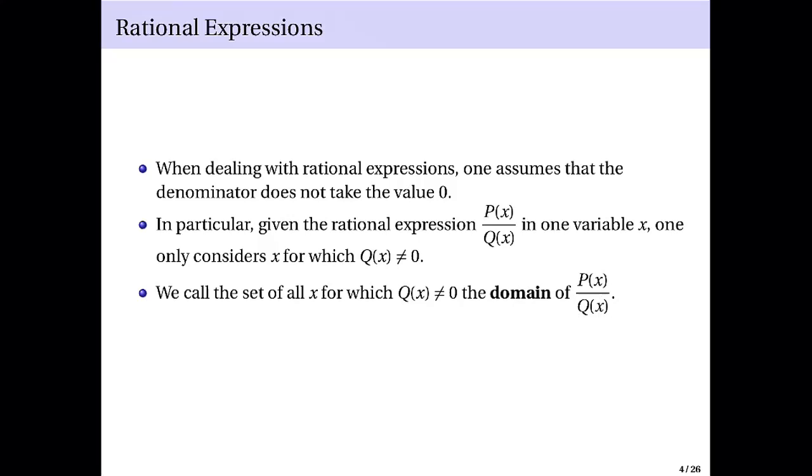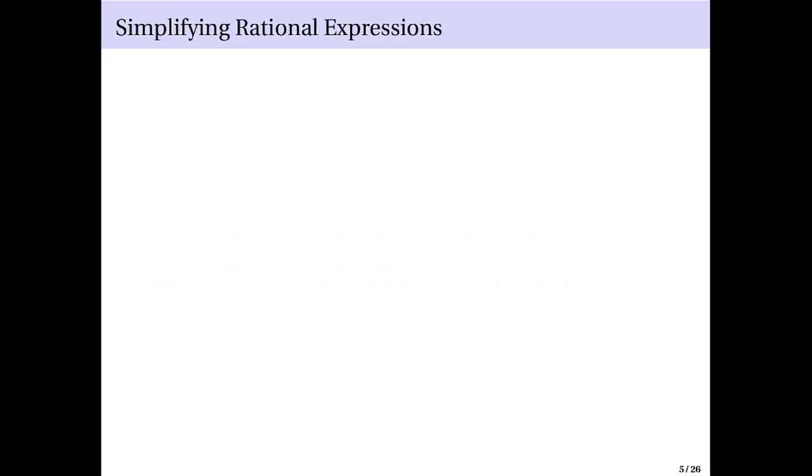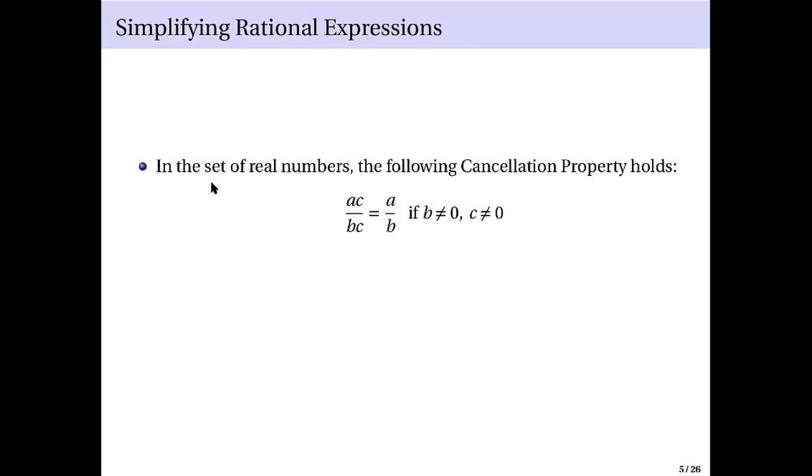So, as I mentioned, our goal is to simplify rational expressions. Okay? Let us recall the following. In the set of real numbers, the following cancellation property holds. So you have a times c divided by b times c.